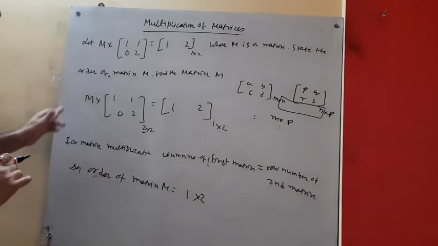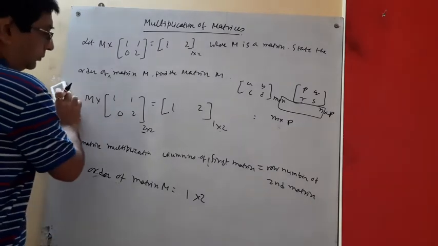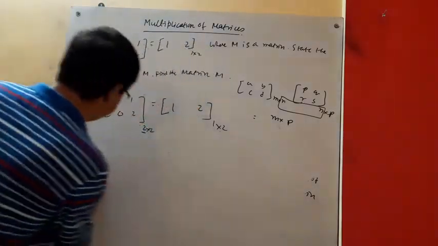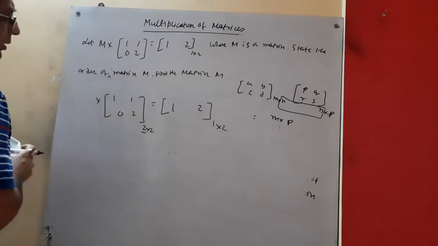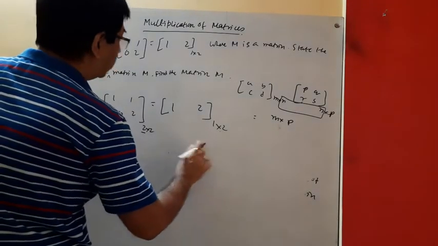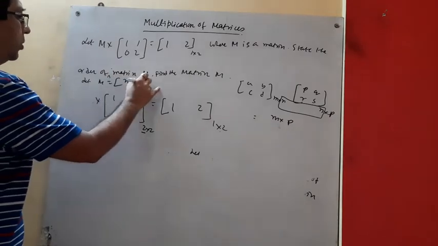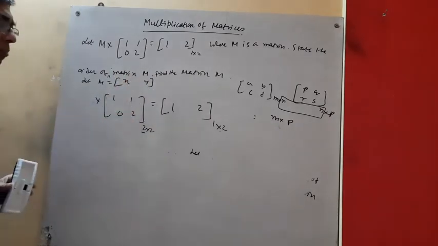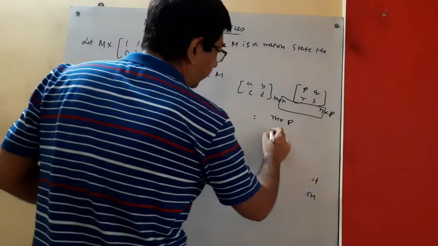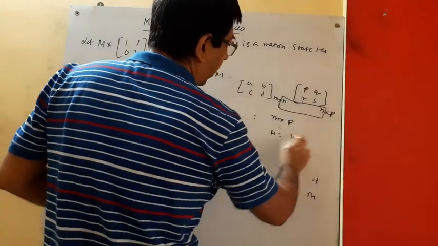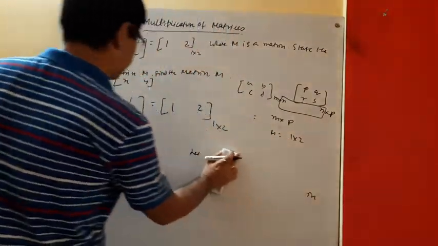Okay. Now we have to find the matrix. How to find the matrix? Just see. So let M equal to [x, y]. The order of the matrix is 1 row, 2 columns.